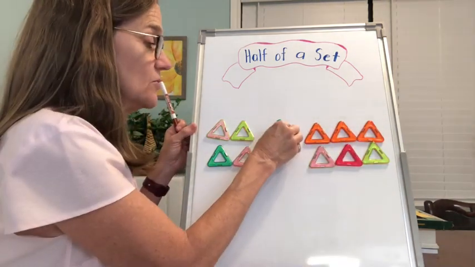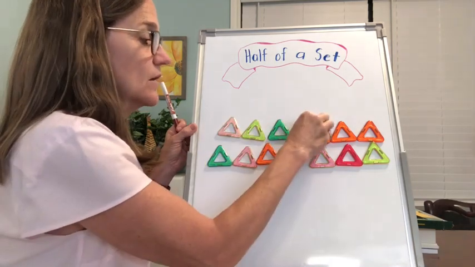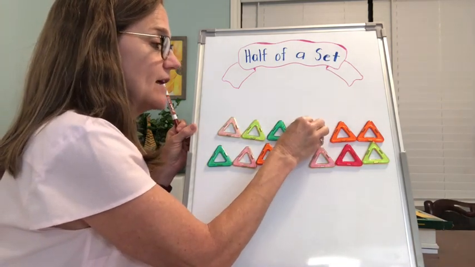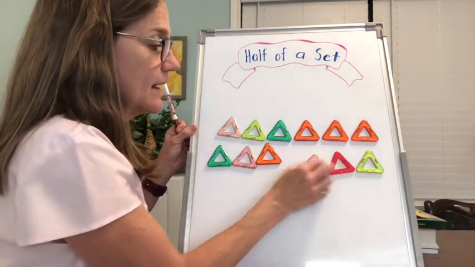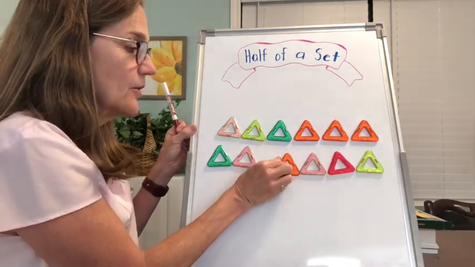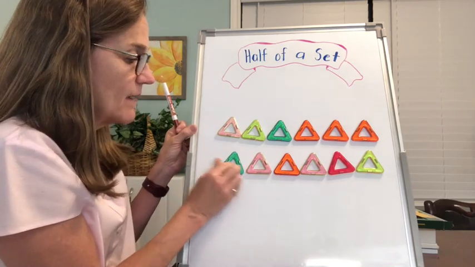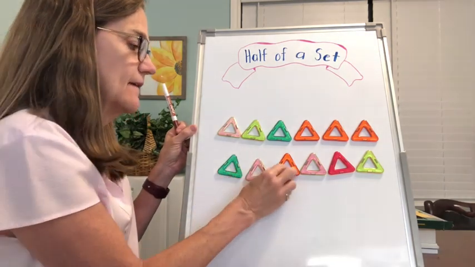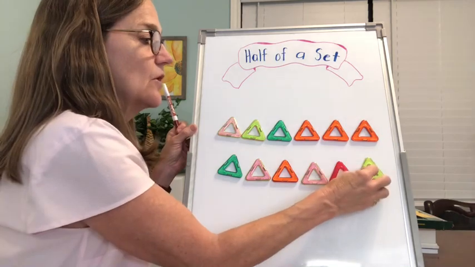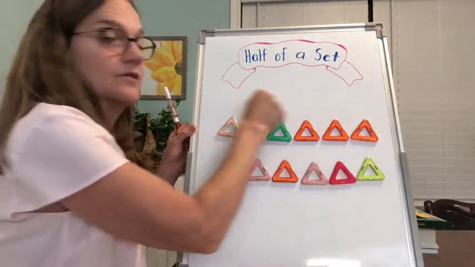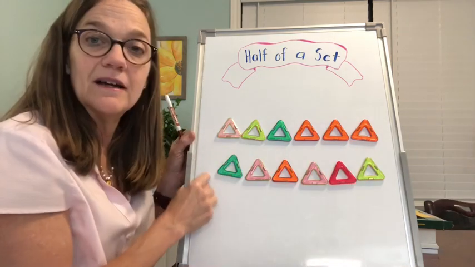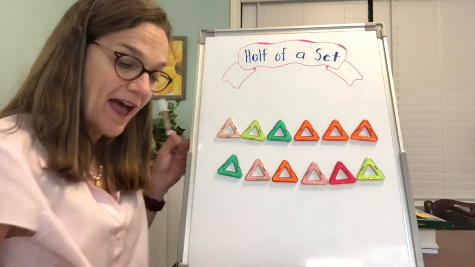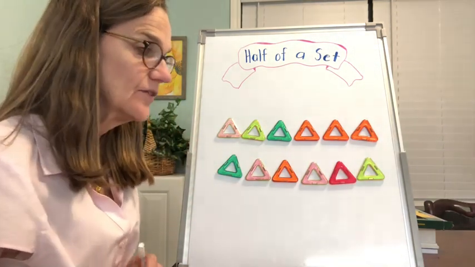Or some of you may have been thinking, oh, we can divide it into 2 sets because we can have a top row and a bottom row because they're exactly the same amount in each row, isn't there? Okay, so this could be a set and this could be a set. So we have 2 sets.